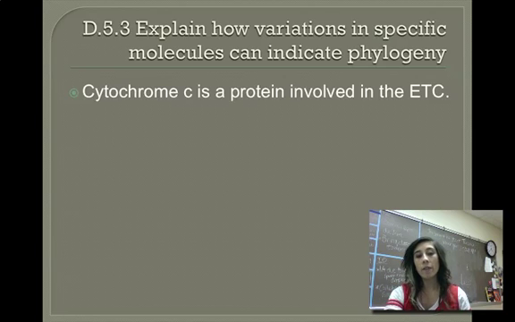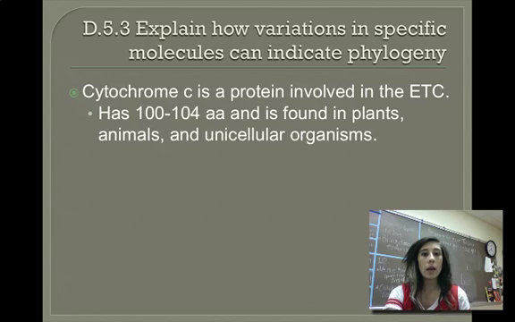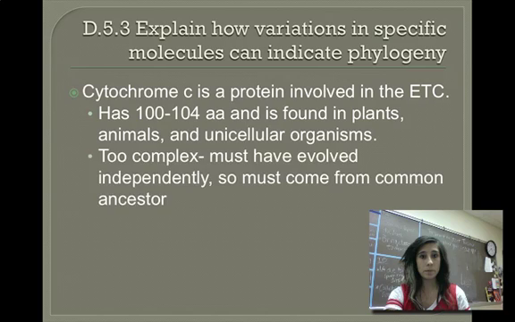And so we have a very specific protein called cytochrome C. We see it involved within the electron transport chain, and it has about 100 to 104 amino acids, and it's found within plants, animals, and unicellular organisms. So it is essentially located everywhere.